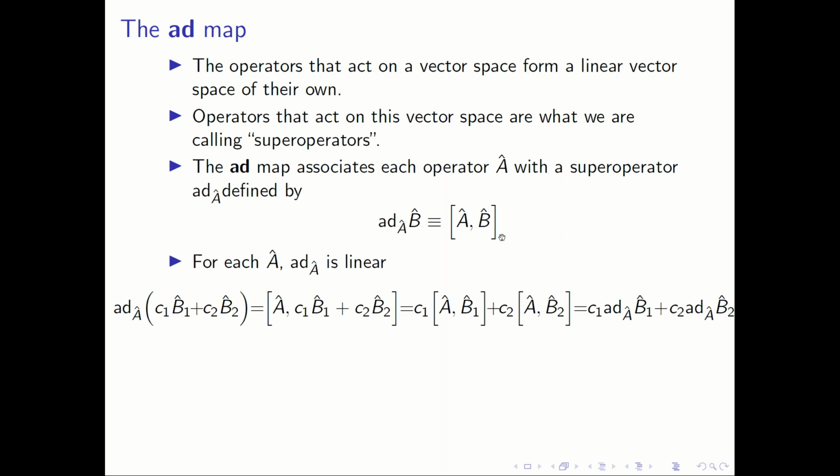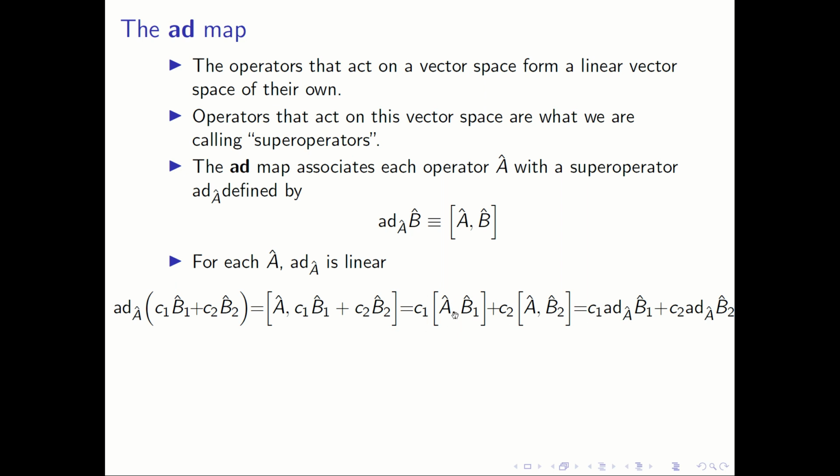Now it's easy to see that for each A hat, ad A hat is a linear operation. It's a linear superoperator. That is, if you replace B here by c1 B1 plus c2 B2, by definition it's the commutator of A with c1 B1 plus c2 B2, and a very basic property of the commutator is that this becomes c1 [A, B1] plus c2 [A, B2].